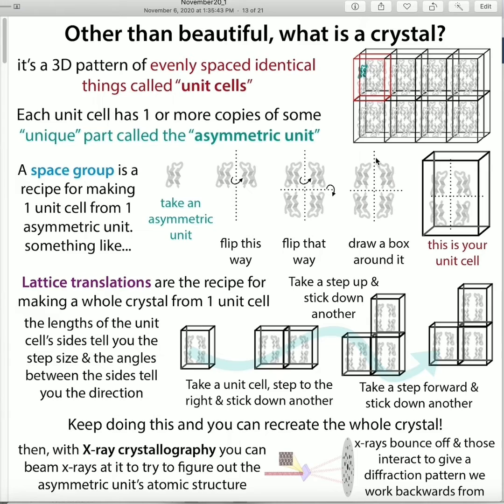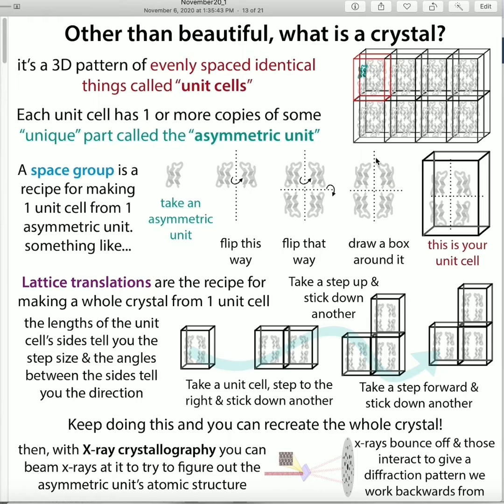Within the unit cell, there can be multiple copies of the protein or the complex or whatever it is that you want to look at. And the smallest unique part is called the asymmetric unit. And you can have multiple asymmetric units within your unit cell.